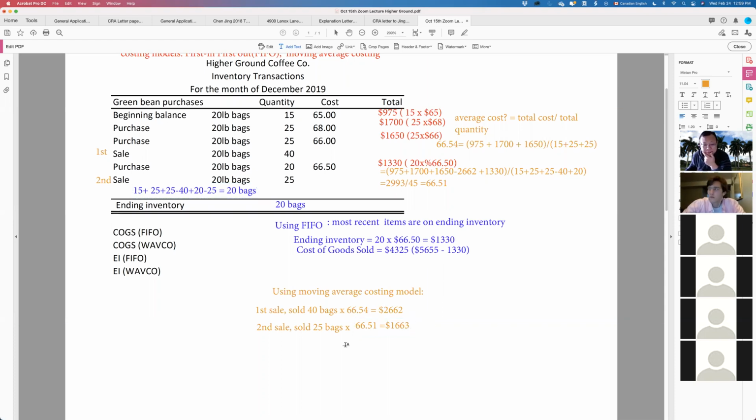Does this make sense? So the cost of sales, I have two sales, right? So when you say cost of goods sold, that includes both sales.